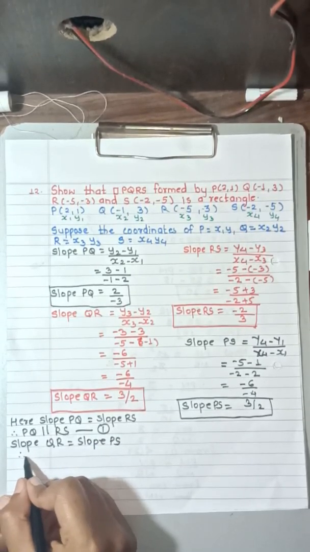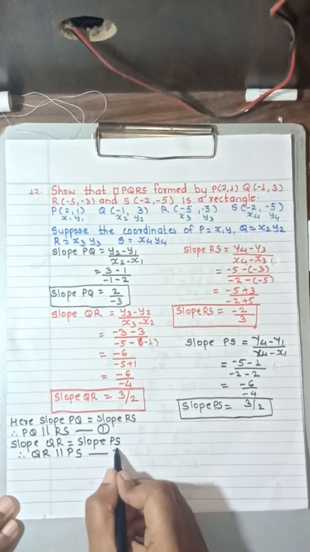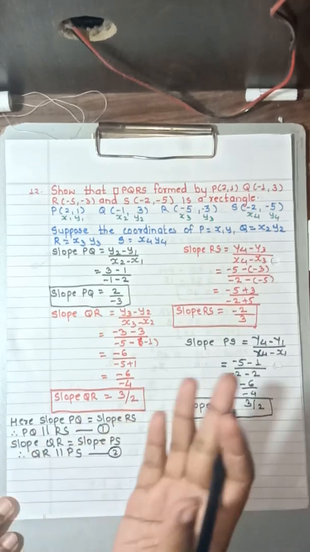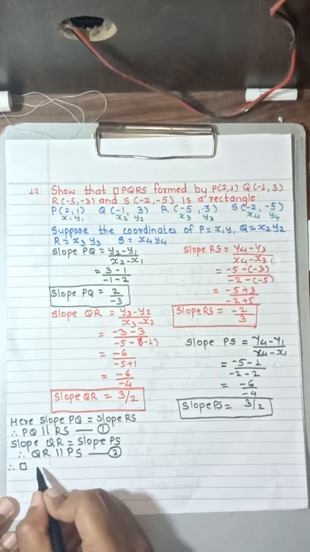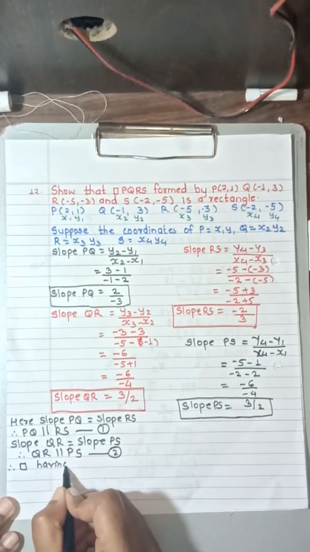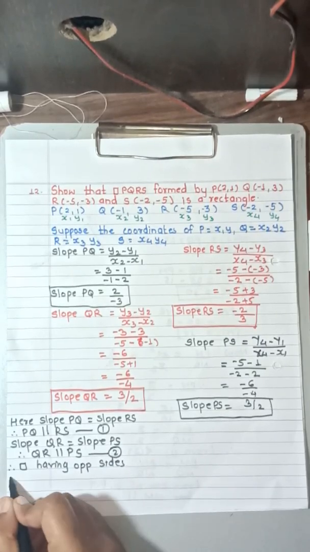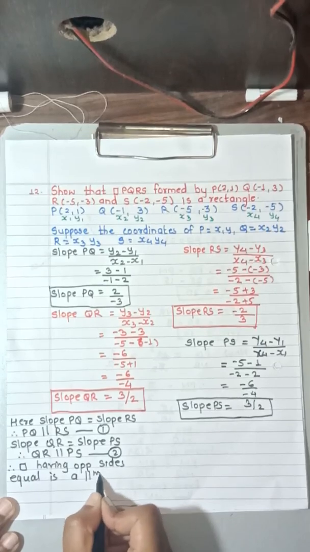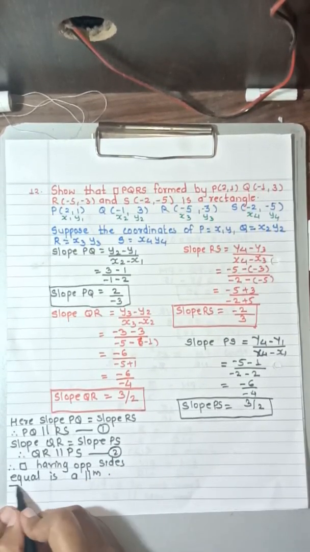Therefore QR is parallel to PS. This is your equation 2. Okay, now a quadrilateral having opposite sides equal is a parallelogram. You know that. Write down here: quadrilateral having opposite sides equal is a parallelogram.